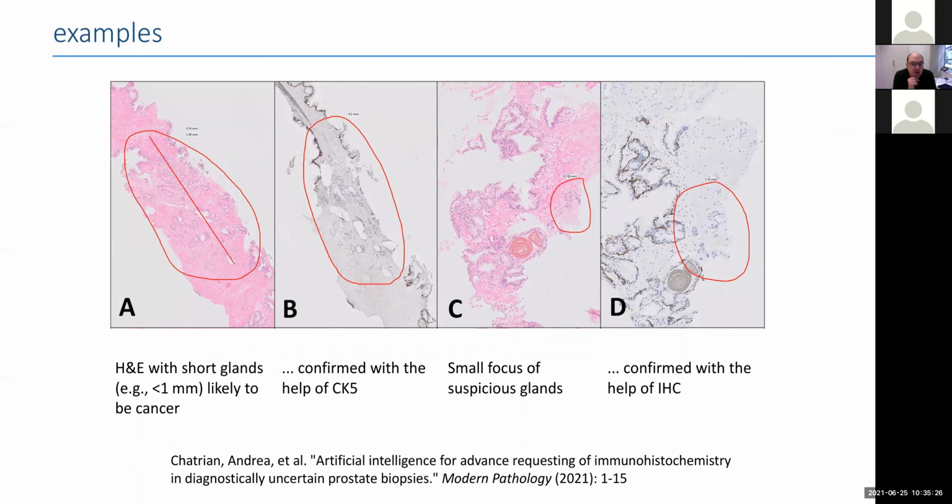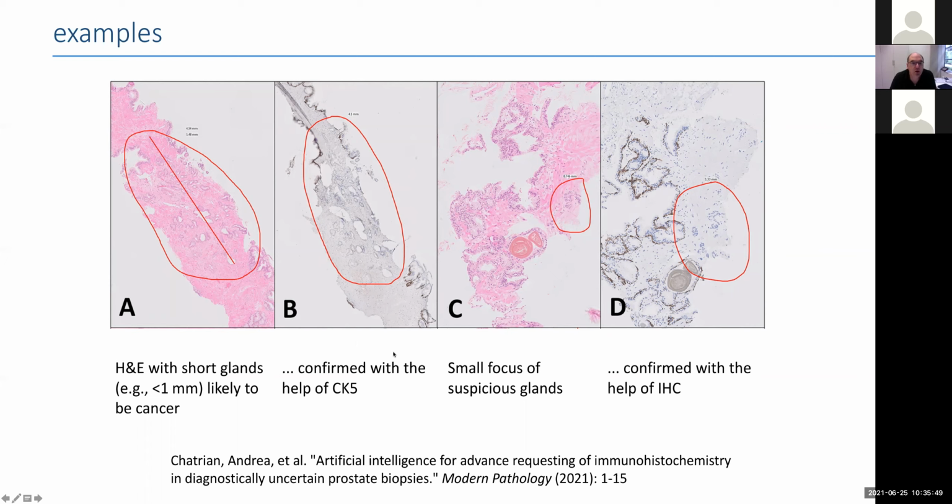Here are some examples that illustrate where pathologists use additional protein stains. What you see in panel A are some short glands. They're likely to be cancer, but they're really quite short, so their spatial extent is quite minimal.